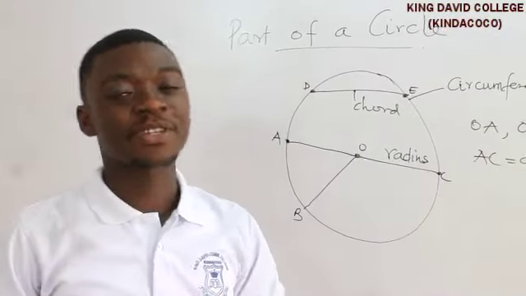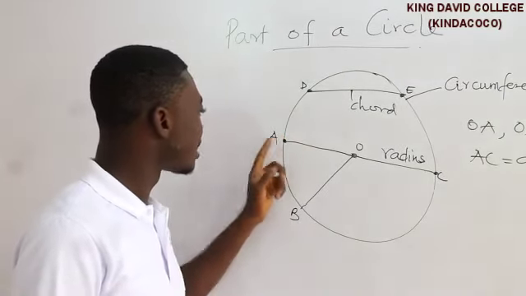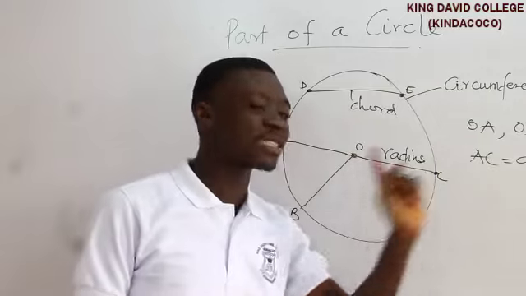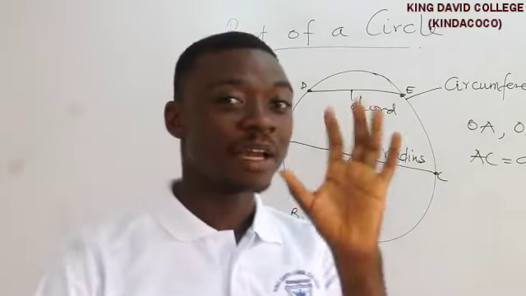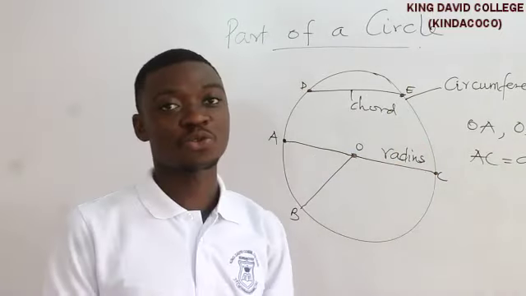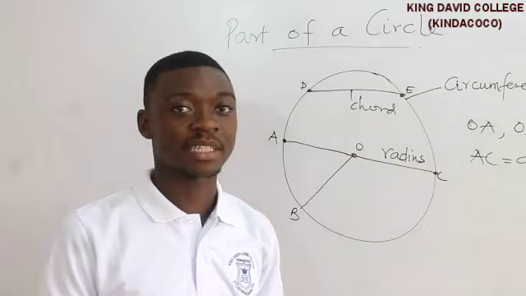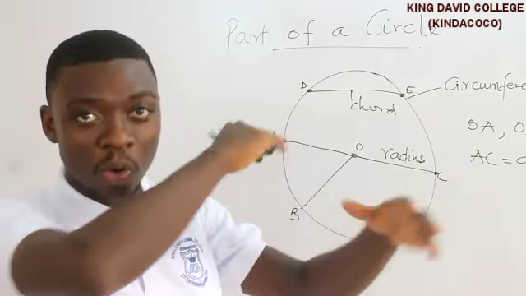But the diameter starts from one part of the circle to another part, passing through the center. So the diameter is more like a chord that passes through the center of the circle, or two radii brought together on a straight line.